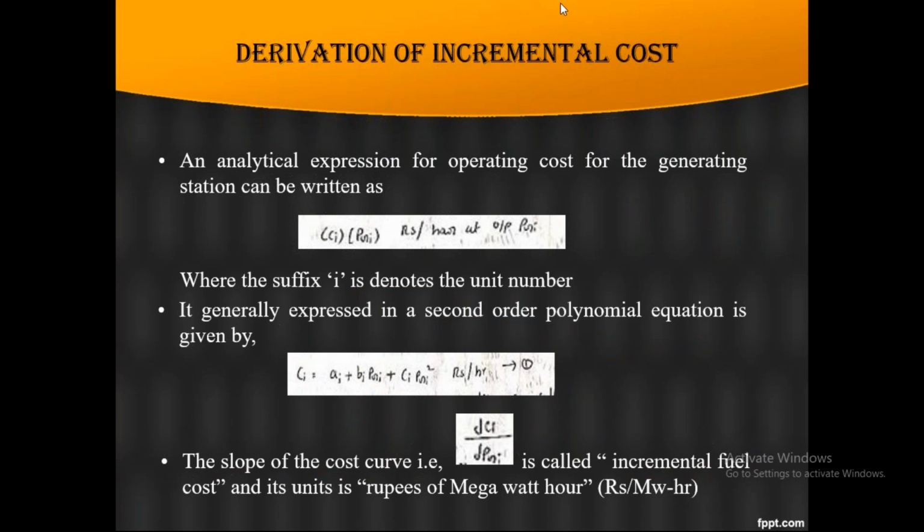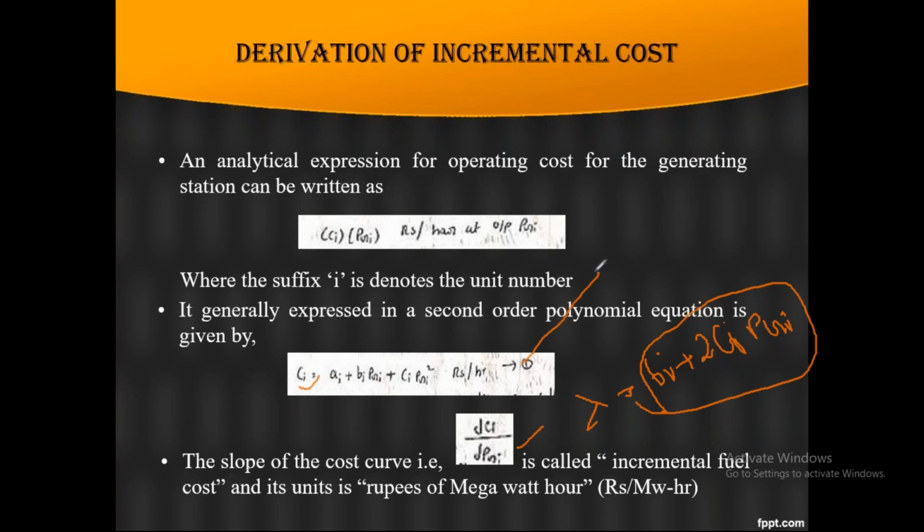This equation is called the incremental fuel cost. If you differentiate this equation, what will you get? bi plus 2ci Pgi. This is called the incremental cost equation and it is denoted by lambda.